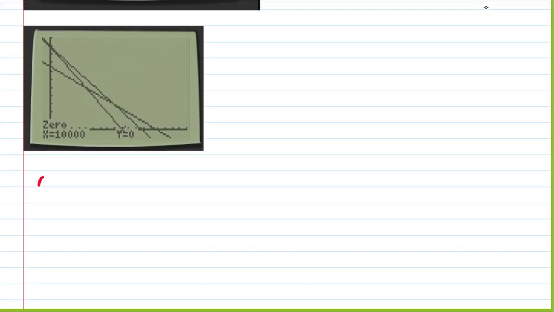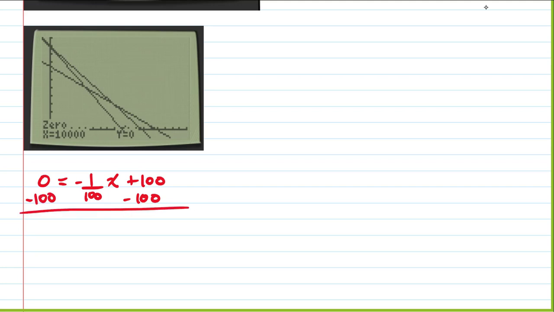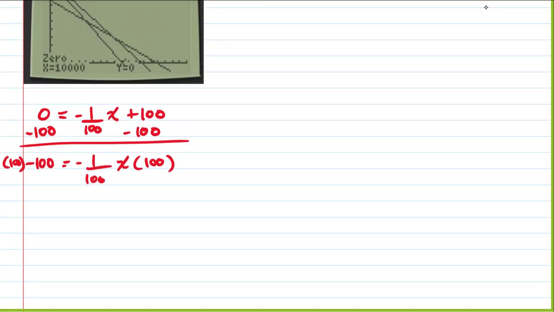So note, we could have also gotten this by just setting our y equal to 0 and solving. If we go 0 equals negative 1 over 100 x plus 100, if I solve this equation for x, I minus 100 on both sides, which gives me negative 100 equals negative 1 over 100 x. I then multiply both sides of the equation by negative 100.